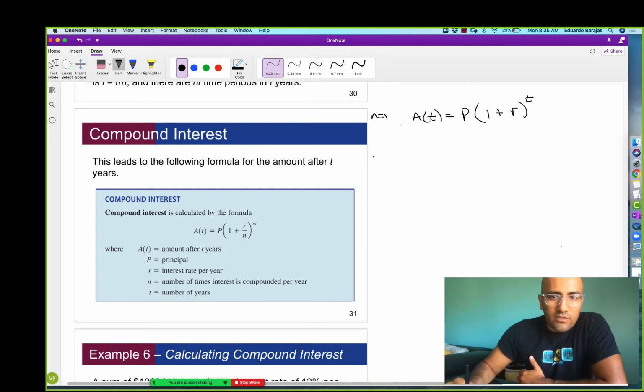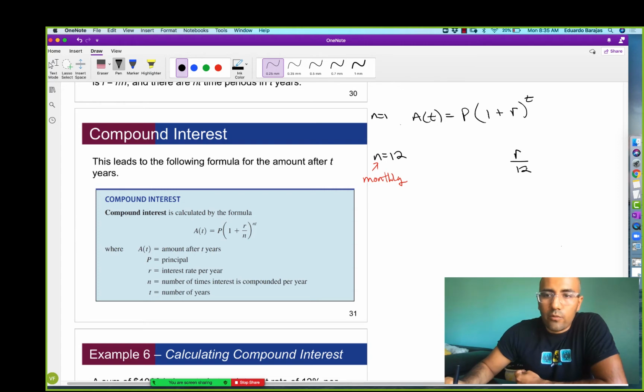When n equals 12, compounded 12 times a year, this means monthly. In 1 year, it gets compounded 12 times. It means it gets compounded once a month, right? Okay, so now the rate is going to be given to you in terms of years. So in order to get the monthly rate, we take the R value and divide it by 12.